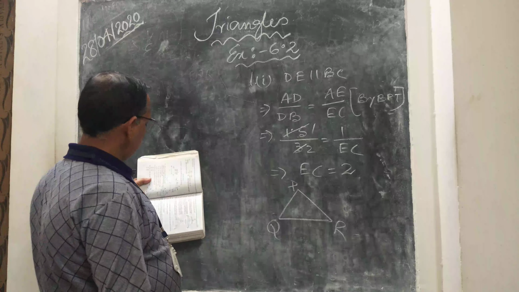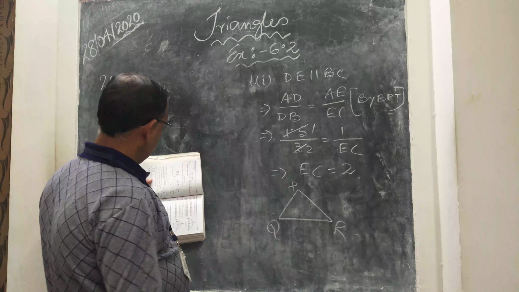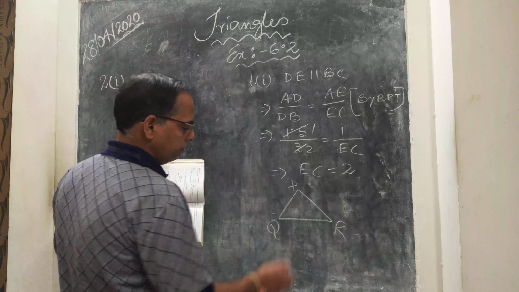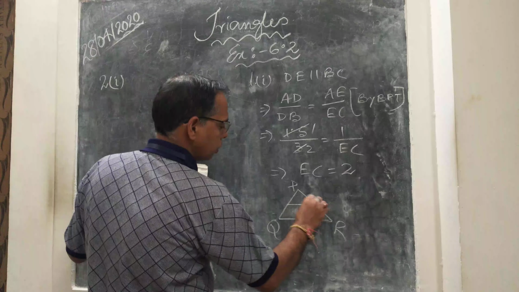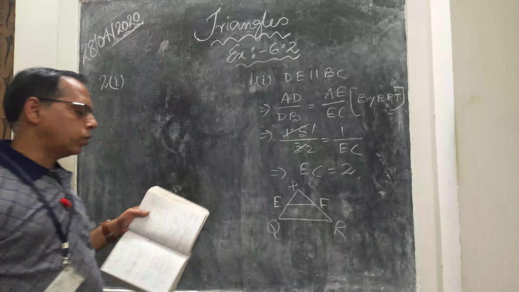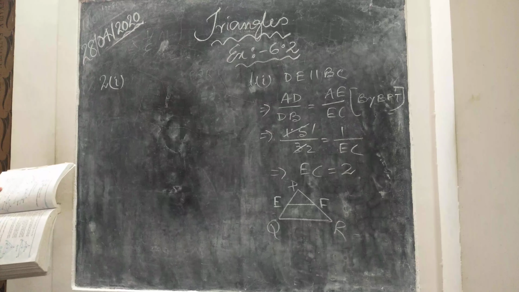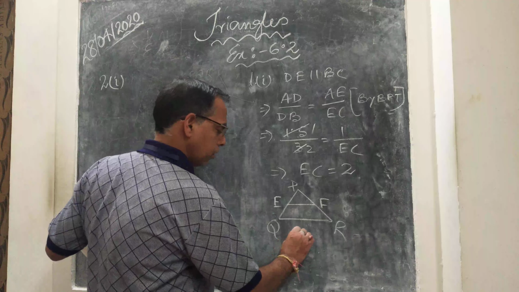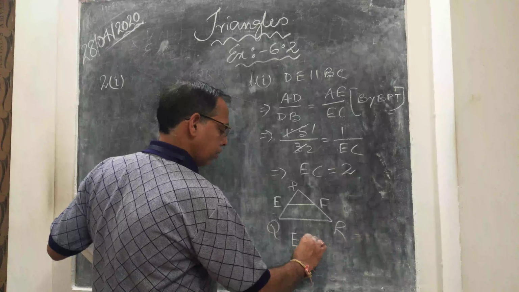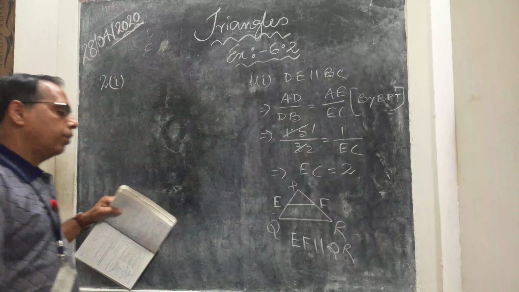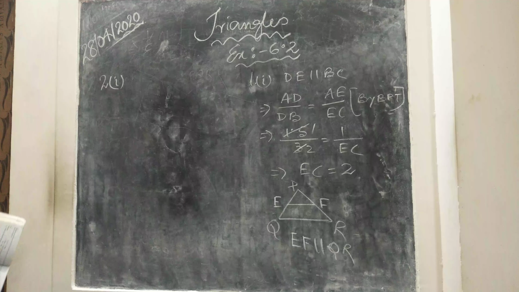Okay, then what is given? E and F are the points on the side PQ and PR. So E, F. Remember, diagram is the most important. Then EF parallel to QR is given. Okay.